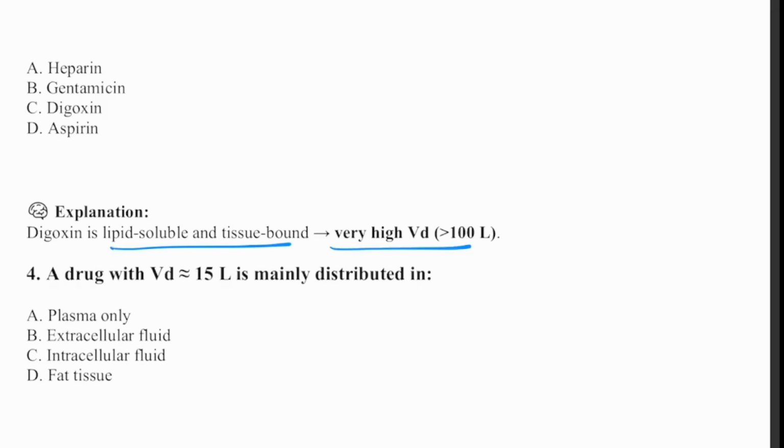Next: a drug with a volume of distribution of 15 liters is mainly distributed where? So normal. So what's the correct answer? Extracellular fluid. Less than 10 liters, it is usually plasma.